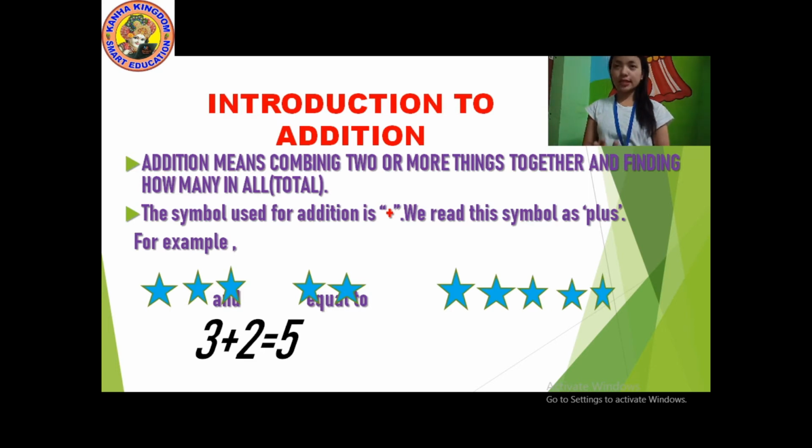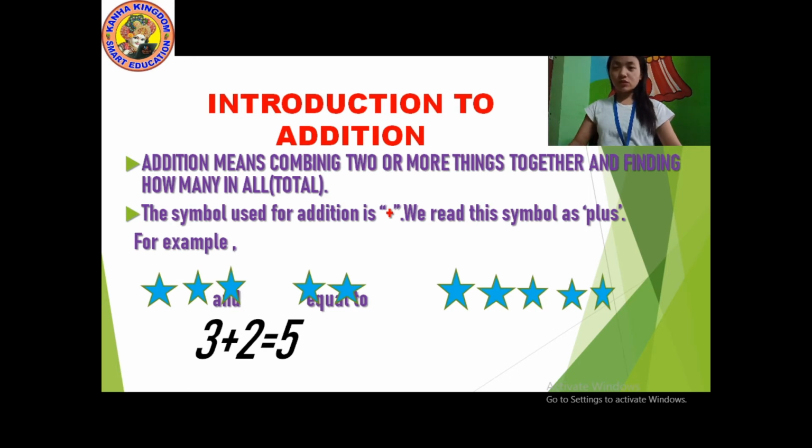Okay students, we learned introduction to addition. Addition means combining two or more things together and finding how many in all. That means total. In addition, we have to find the total. Now, the symbol used for addition is marked by red color.